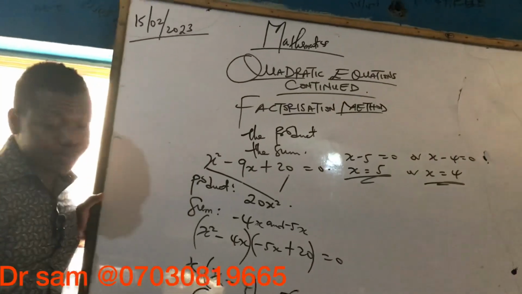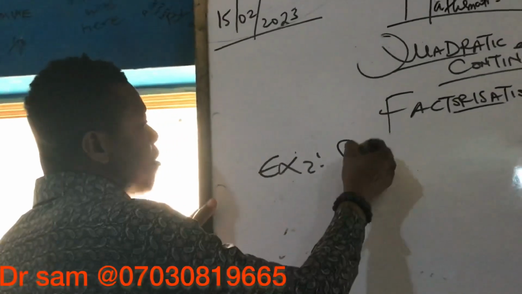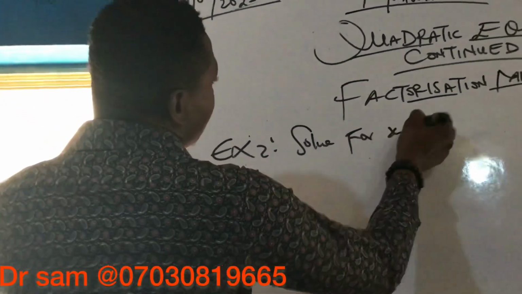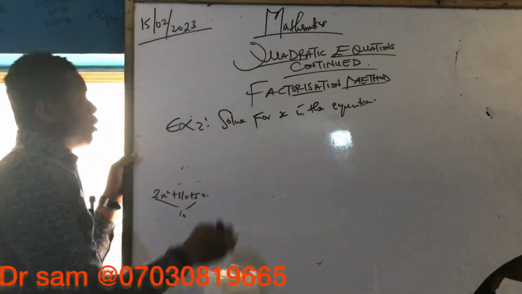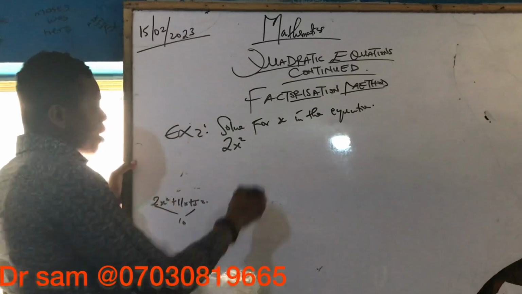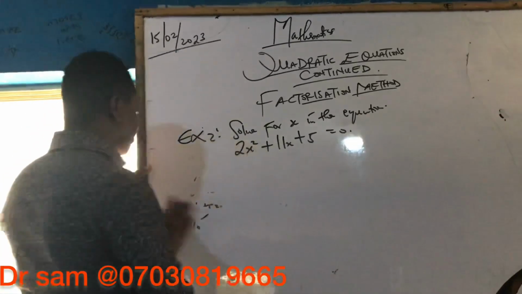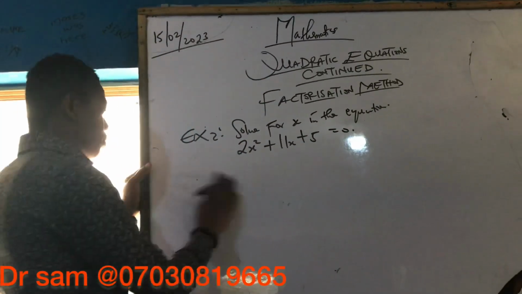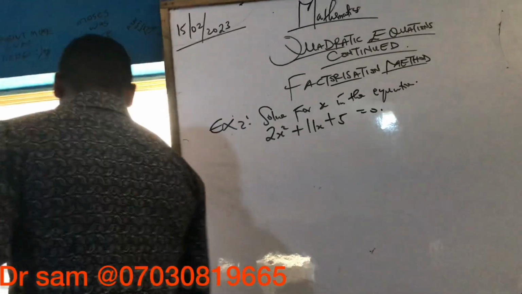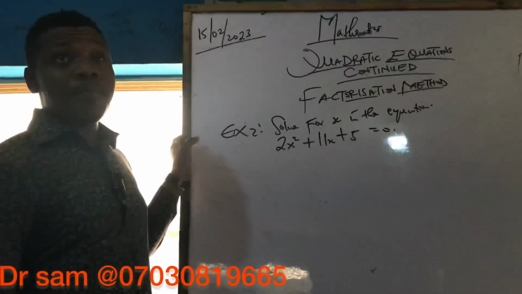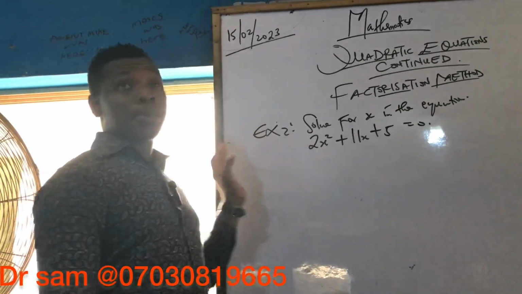Then we take another. Solve for x in the equation 2x squared plus 11x plus 5 equals 0. We follow the same method. We multiply the pure quadratic by the constant to get the product.